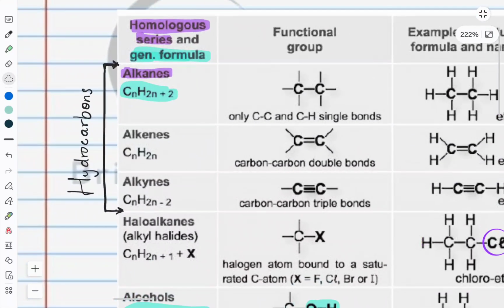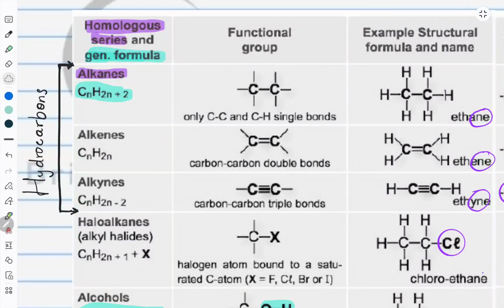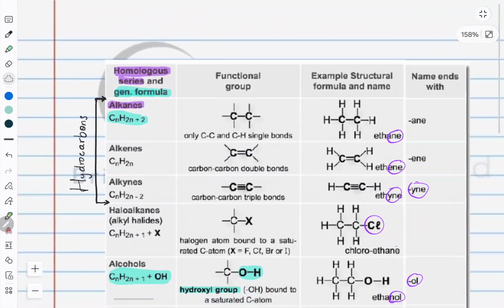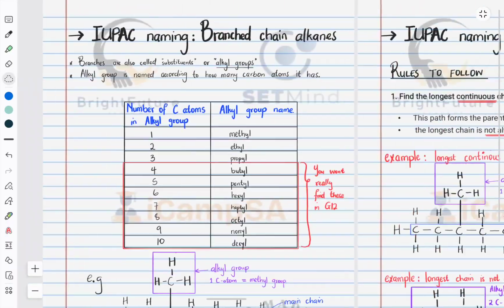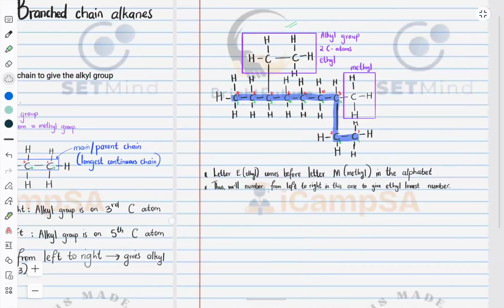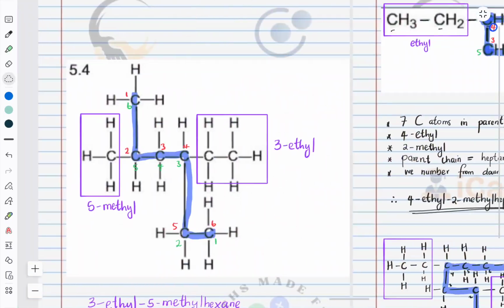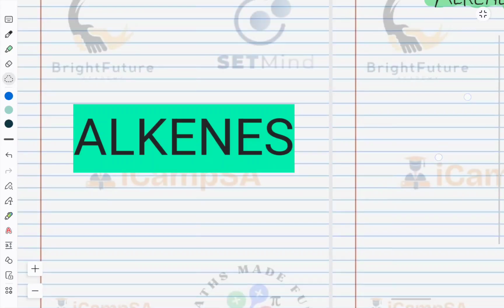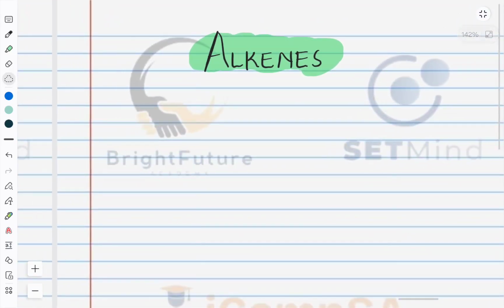And then when it comes to their general formula, we use CnH2n, where n represents the number of carbon atoms. So if we know how many carbon atoms a specific alkene has, we can determine, before we even sketch the structural or condensed structural formula, how many hydrogen atoms it will have using that general formula.